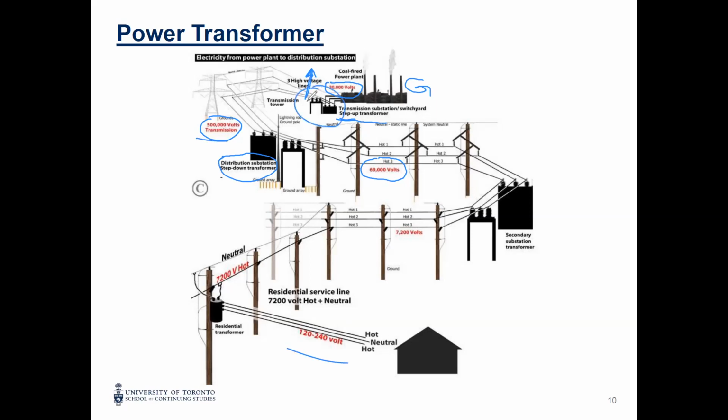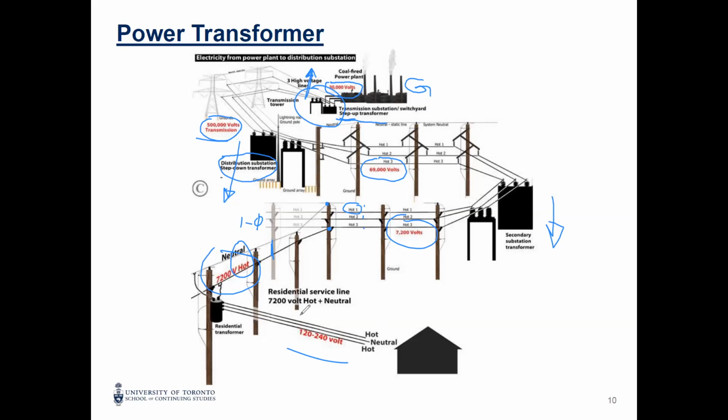This is the first level to step down, and then you have another transformer to step down more to 7.2 kilovolt. And from the 7.2 kilovolt, you can actually use one phase. You can see here hot 1, 2, and 3, because you have 3 phases. We take actually one of the phases and one neutral. So this is a single phase system.